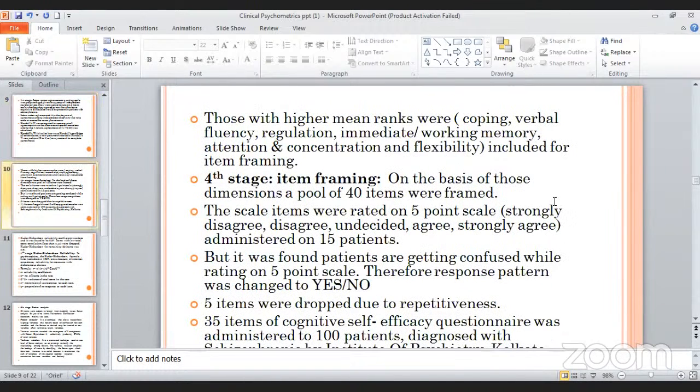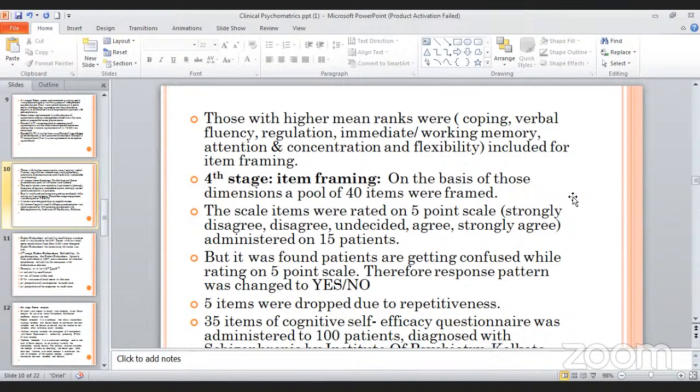Now the fourth stage is item framing. Those with higher mean ranks were coping, verbal fluency, regulation, immediate working memory, attention and concentration, and flexibility, included for item framing. So after the inter-rater agreement, the cognitive difficulties with the higher mean ranks were included for item framing.